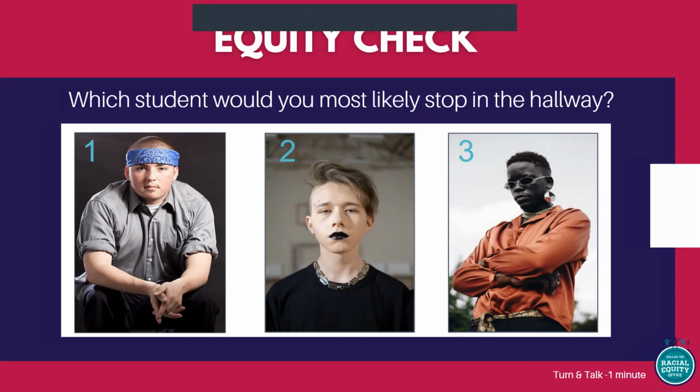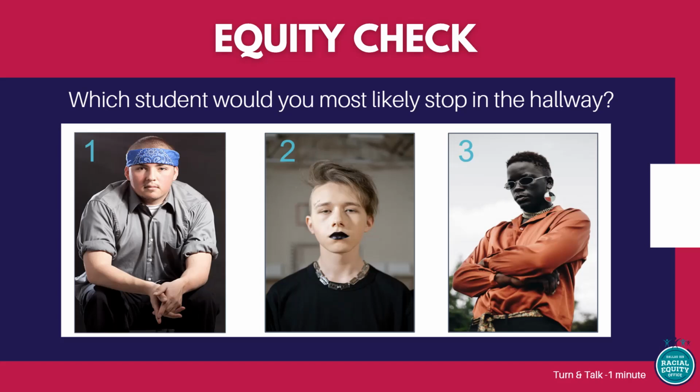Me personally, I think I would choose number two, and here's my why. It's simply because I don't normally see kids that look like that in my school. And that boy has razor blades on his neck and black lipstick on.